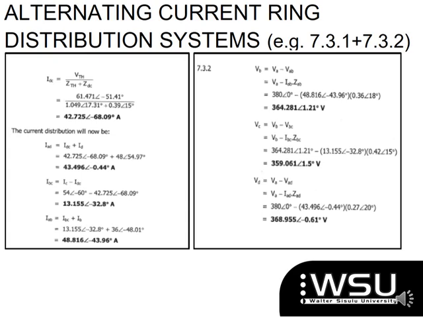Then your VC is the same. It's going to be your VB minus your VBC, and you get that. And your VD is going to be your VA minus your VAD, and you can get what your voltage is also going to be. And that means we have now answered question 1 in full.